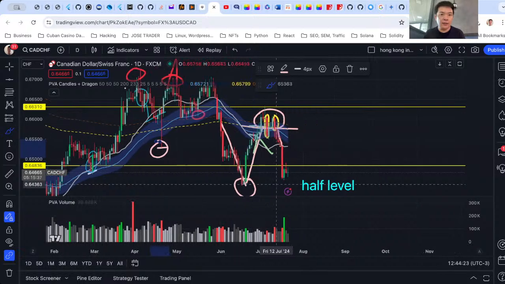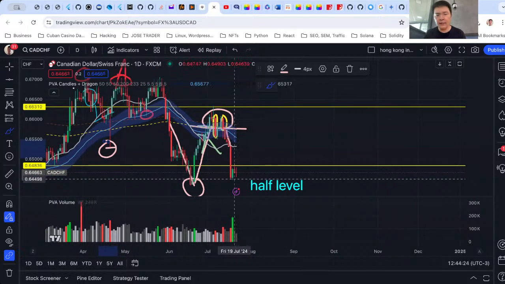Here it didn't do it yet, and I'm going to explain why I closed it exactly at the half level. What is the half level? The half level is when you have something like 500. In this case, you have 0.64480, which is very close to this level of 0.64500.